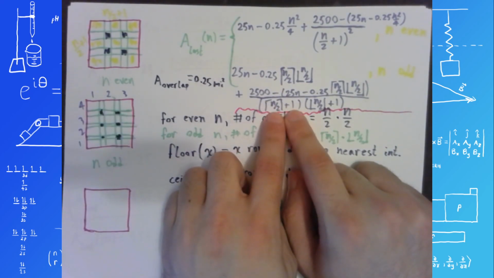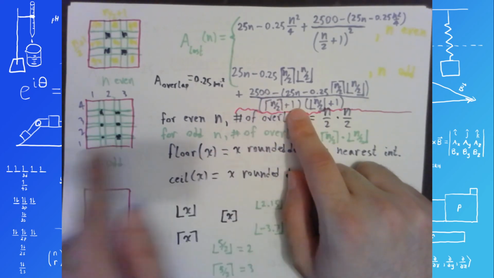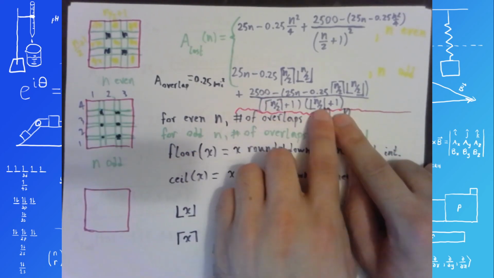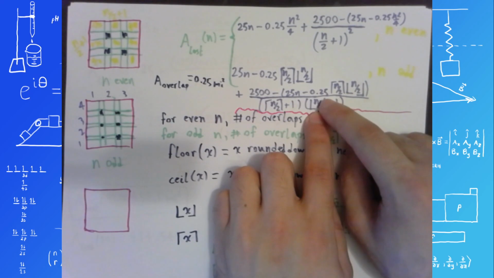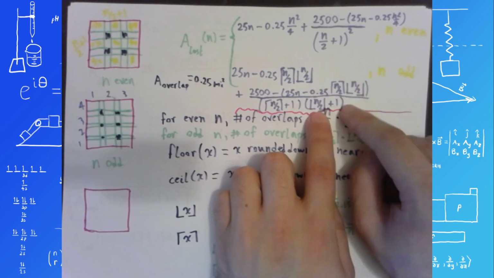So for n equals 5, this would become 3 plus 1 is 4, and for n equals 5, 5 over 2 is 2.5, rounded down is 2, plus 1 is 3.